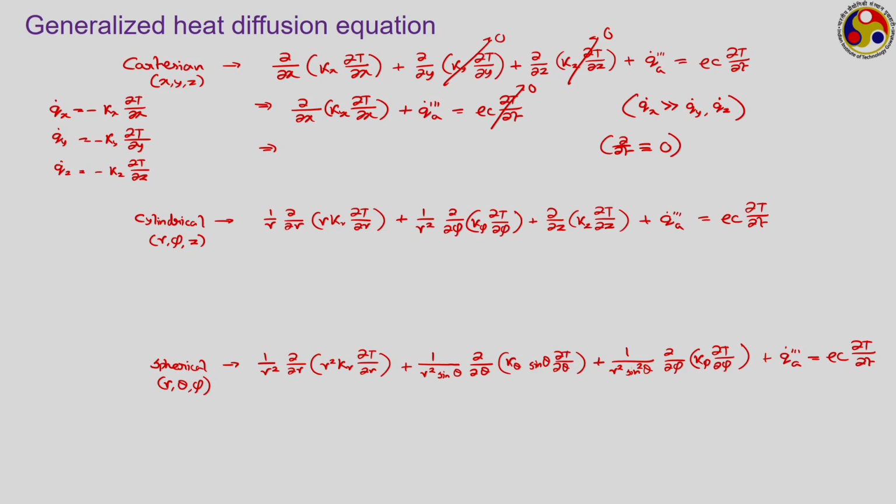And once we go for steady state, the time is also not there, then we are left with only a single independent variable which is x, and accordingly this equation, which is a partial differential equation, gets converted to an ordinary differential equation of the form d/dx of (k dT/dx) plus q_g dot triple prime is equal to 0. This is when we are talking about a steady state situation.